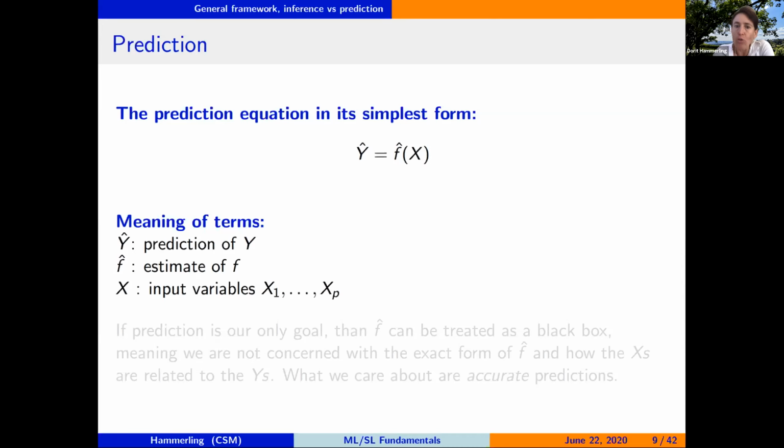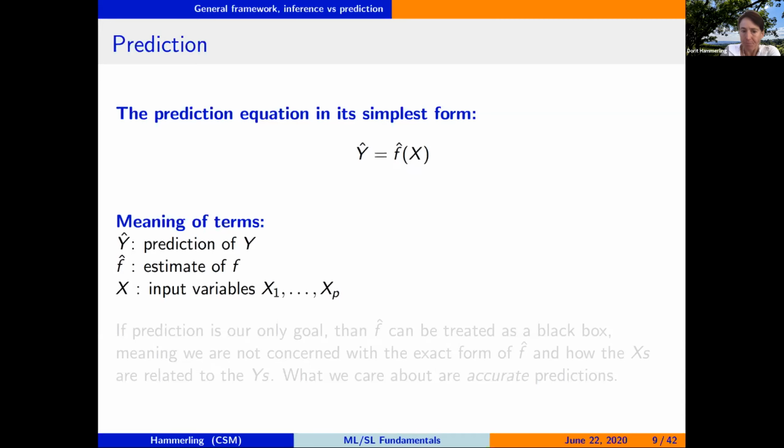So we use that functional form, that f hat. In statistical terminology, and that's probably useful for you if you read the literature, that little hat on top of the y and the f always refers to an estimated quantity. So f hat here is the estimated function relating the x's to the y's, and y hat is the prediction of y.